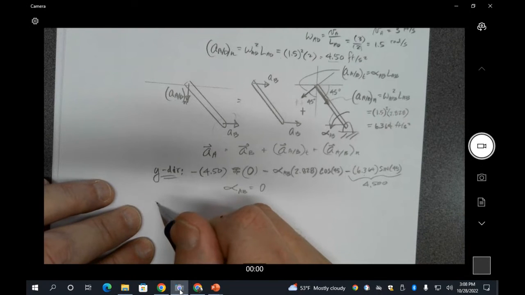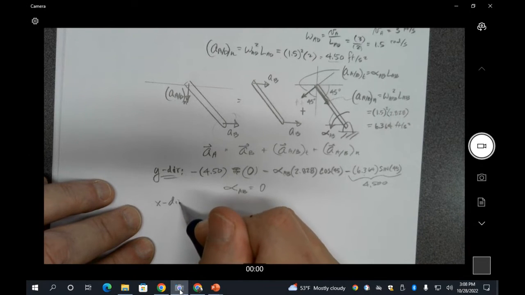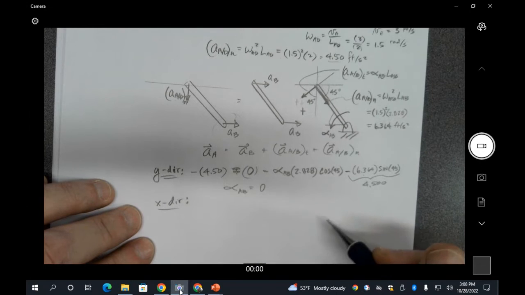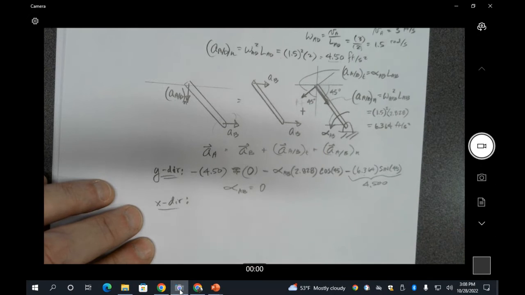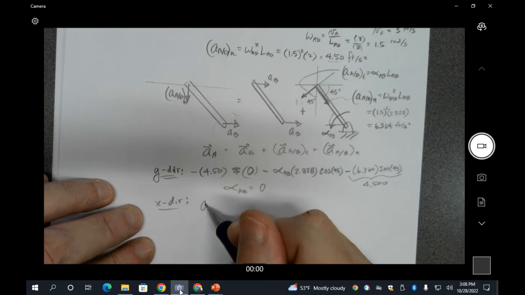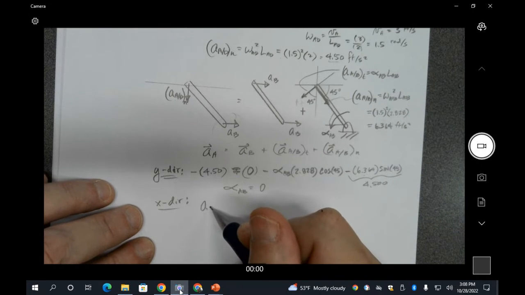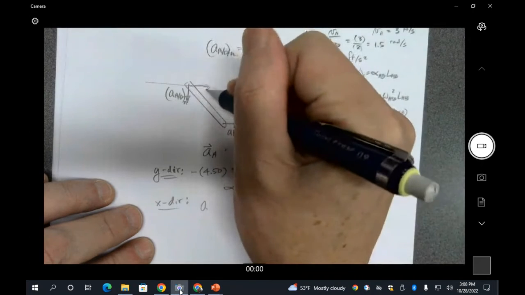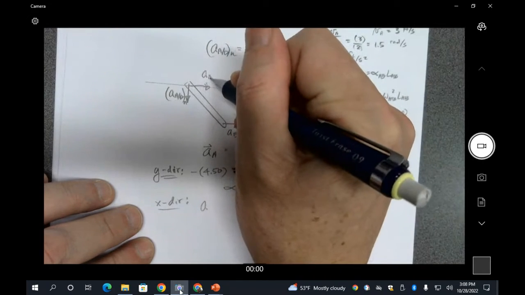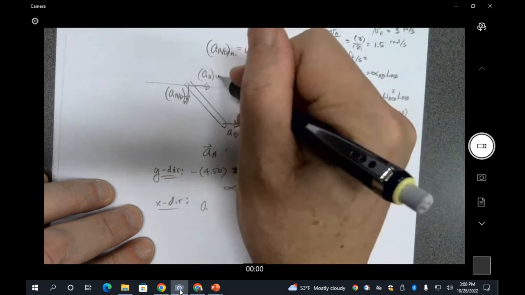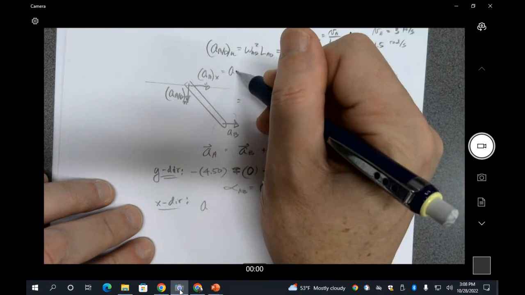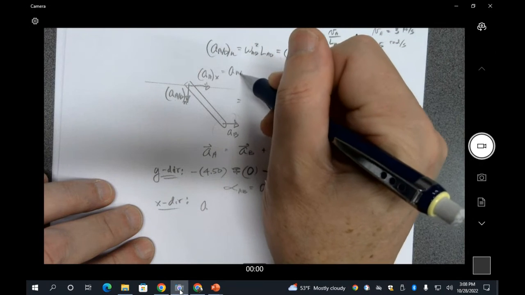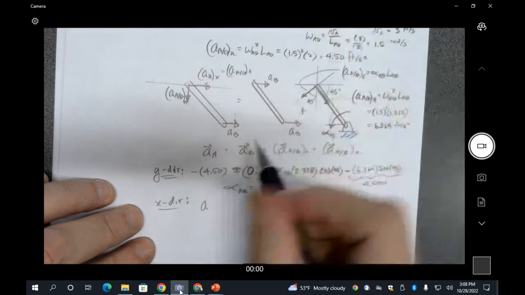And so even when it comes to the x direction, what we're going to find as part of this, interesting, is that we're going to have the acceleration of A, and maybe I'm going to write it as positive, and you could call it either way, right? This is also equal to the acceleration of A with respect to B in the tangential direction.